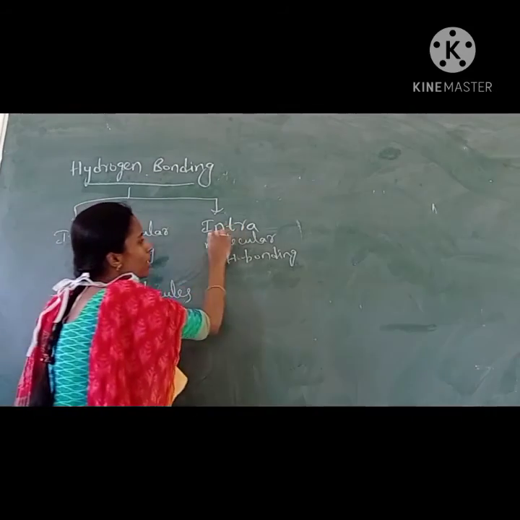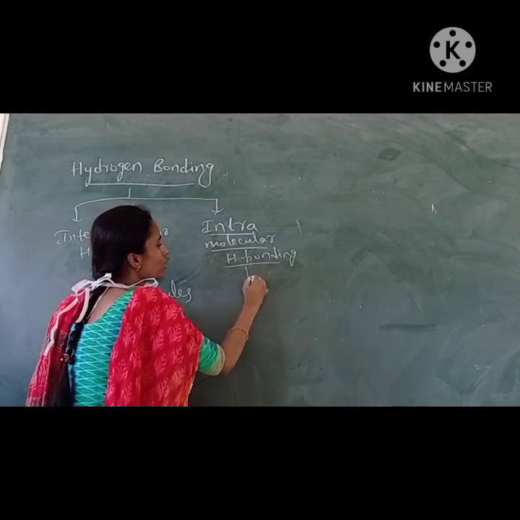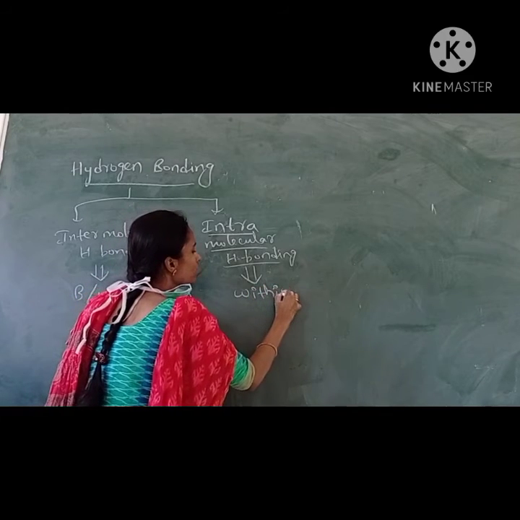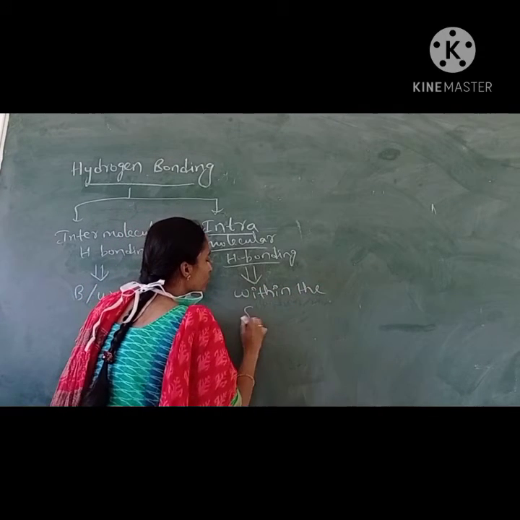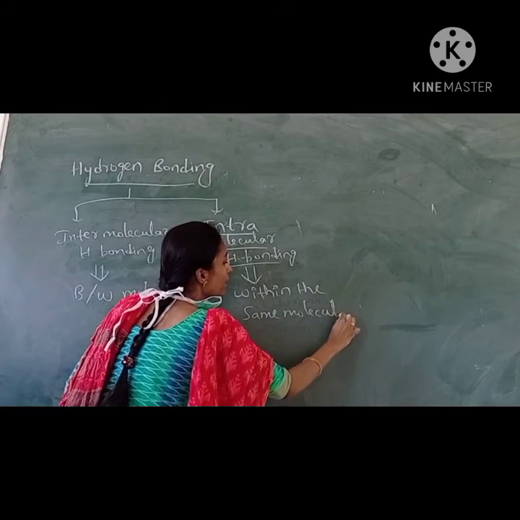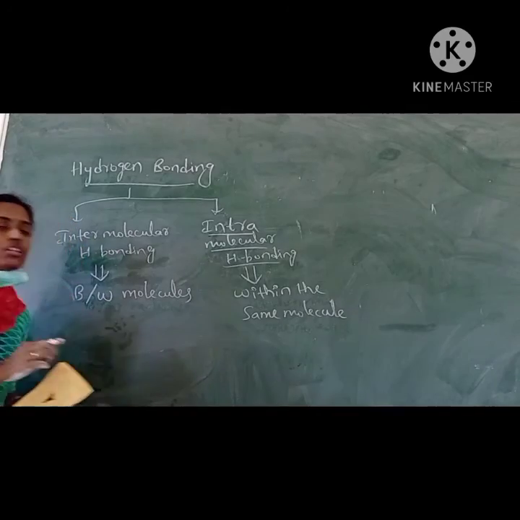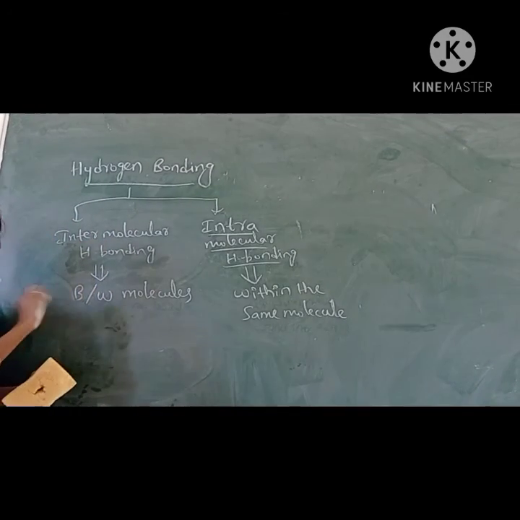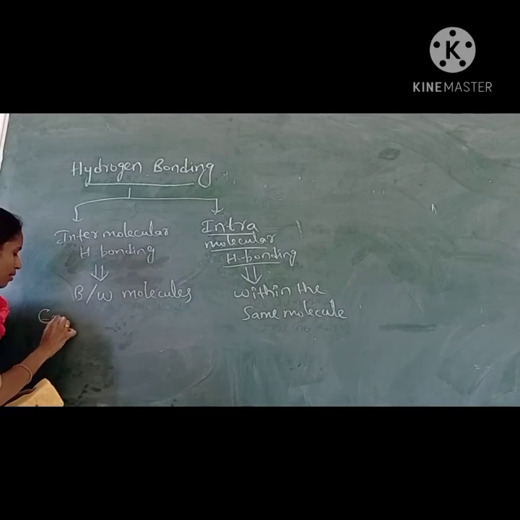Intramolecular hydrogen bonding is formed within the same molecule. Intra means within the same molecule, and inter means between molecules. Let us see examples.